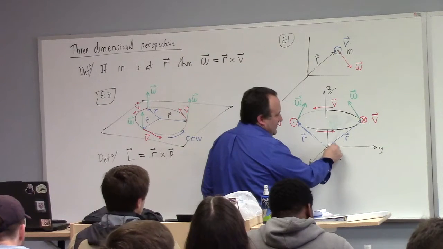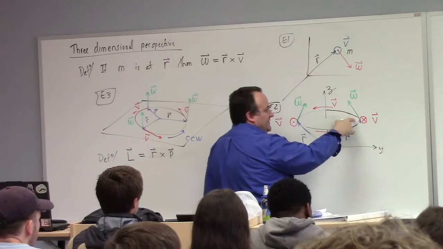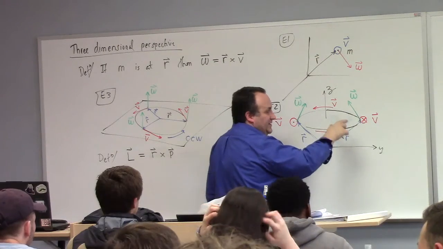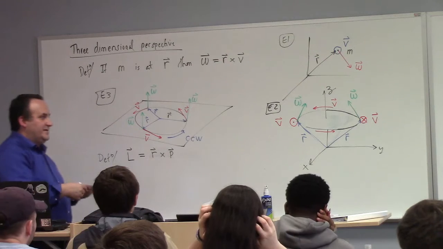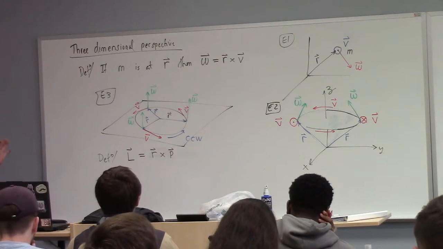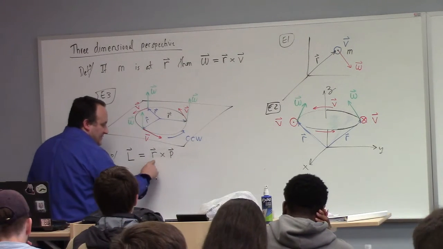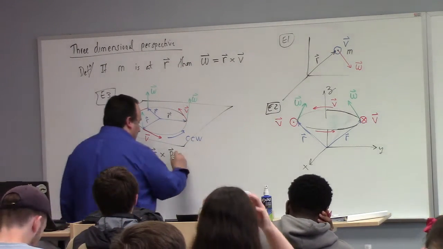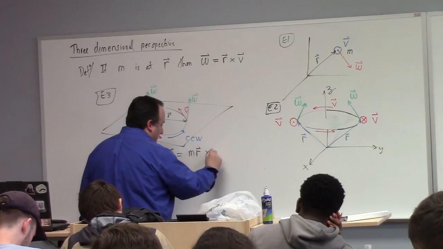I think the radius is probably this, really, for this motion, because this is motion in a circular plane. But if we talk about this in 3 dimensions, the distance from the origin isn't naturally the r that you'd like for mr squared. So to avoid this, we simply say angular momentum of a point mass in 3 dimensions is r cross the momentum, which if you write it in terms of mass and velocity, you've got m r cross v.